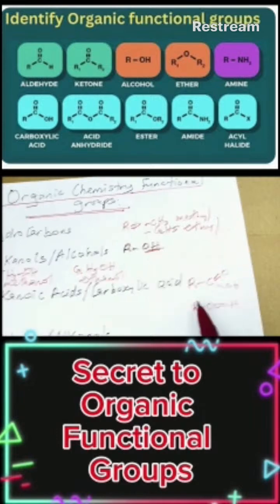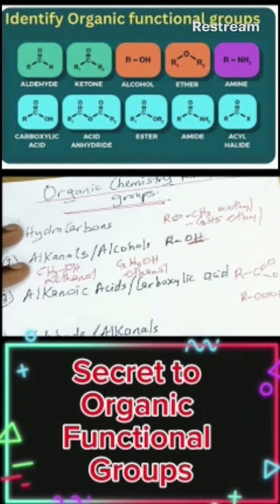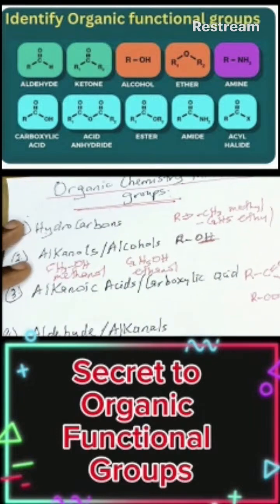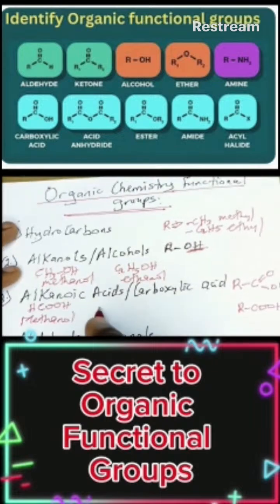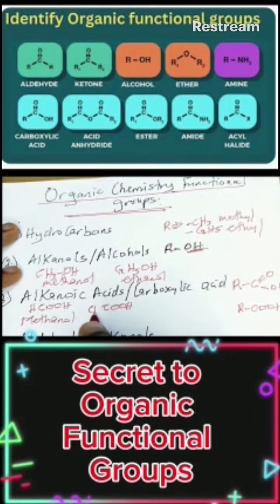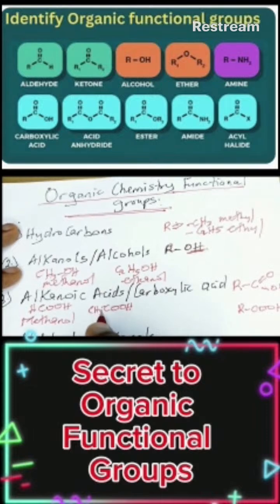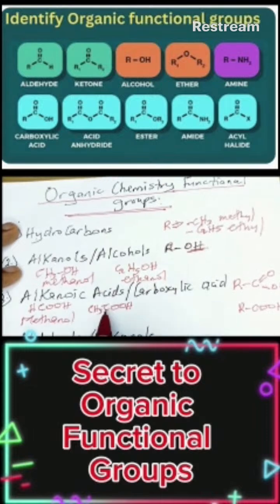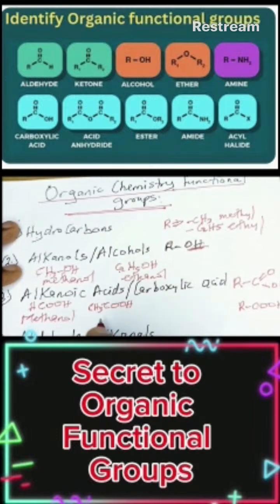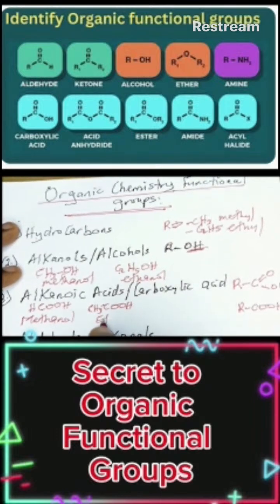Now, different examples of alkanoic acid can be when there are 2 C's, COOH, and you have another CH3. It means 1, 2. This is called ethanoic acid.